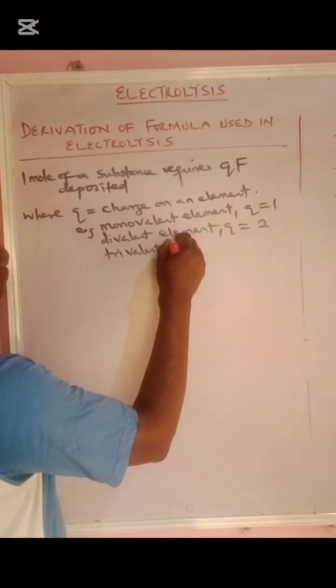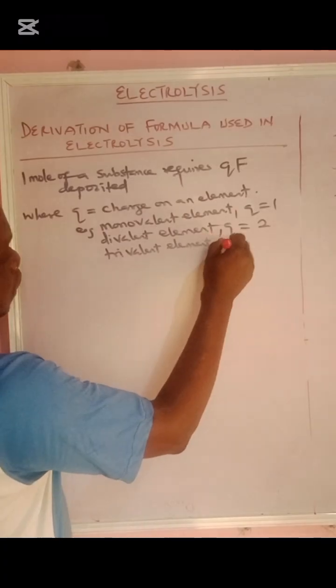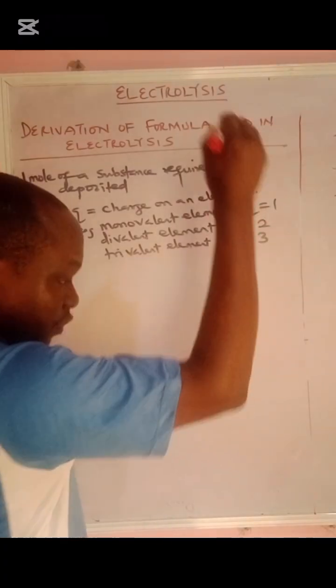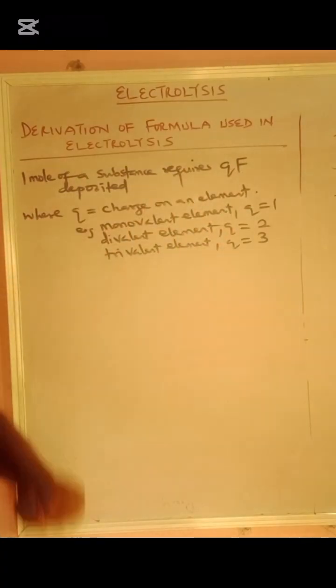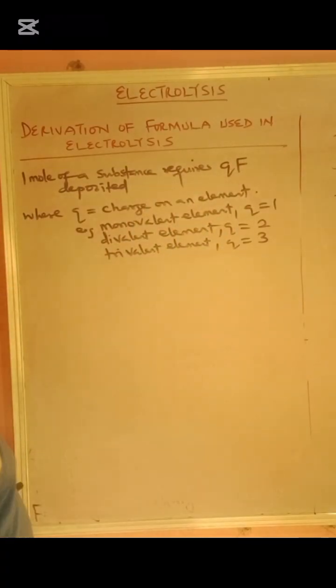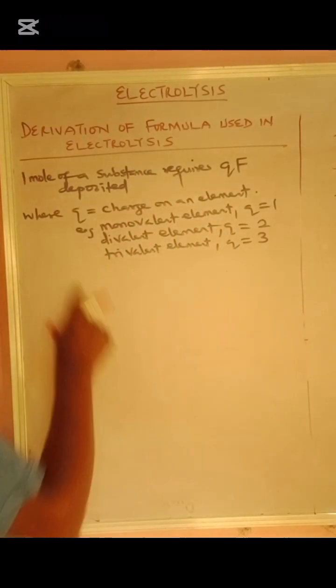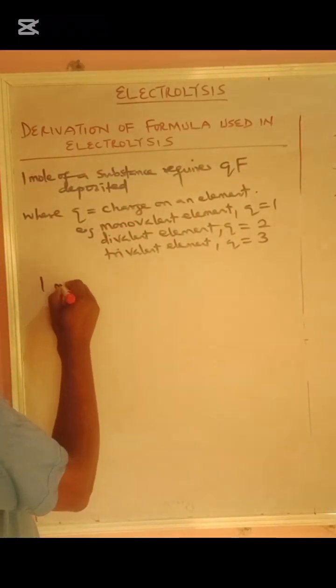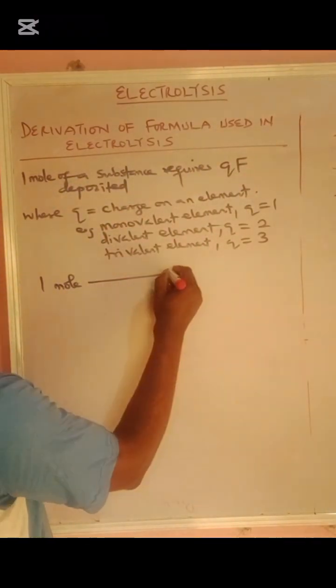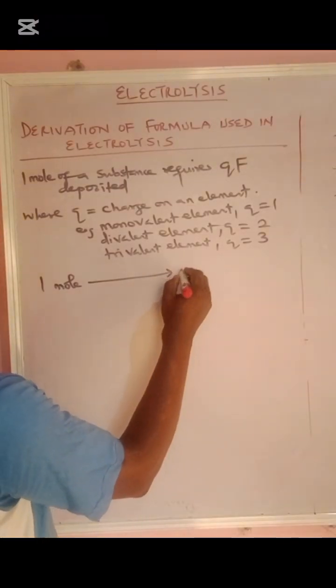Trivalent element like aluminium, Q will be 3. That's the meaning of this Q. One Faraday, you still remember? 96,500 coulomb. So 1 mole of an element or substance deposited requires Q Faraday.